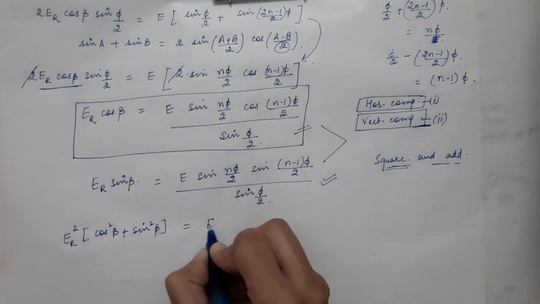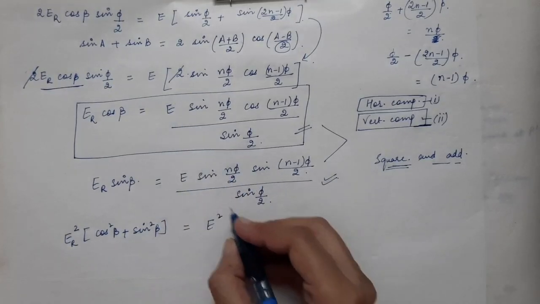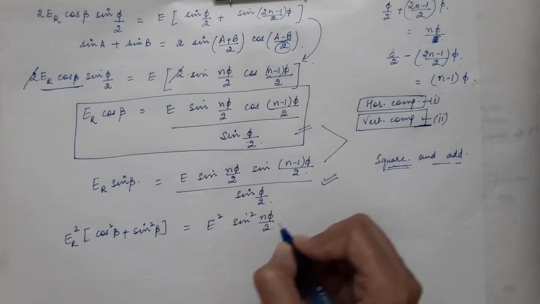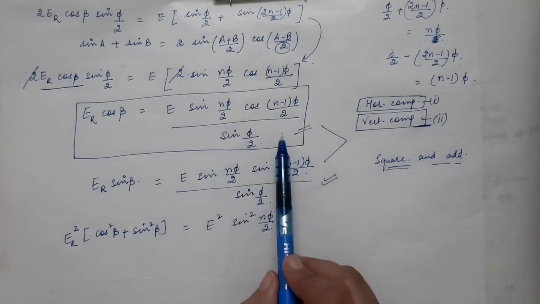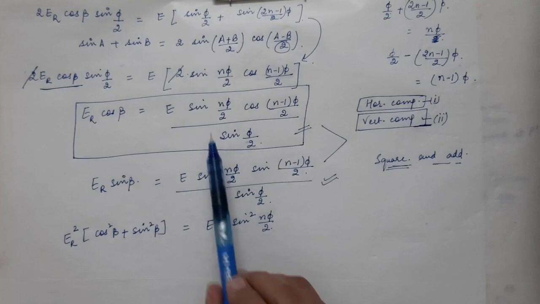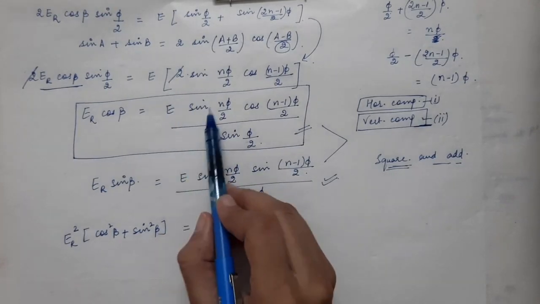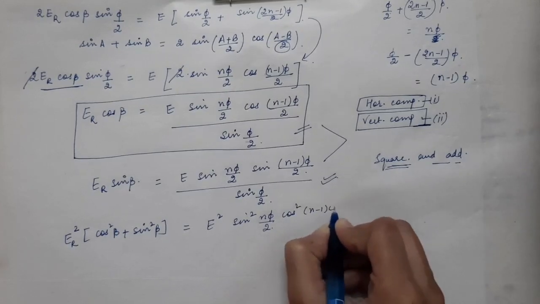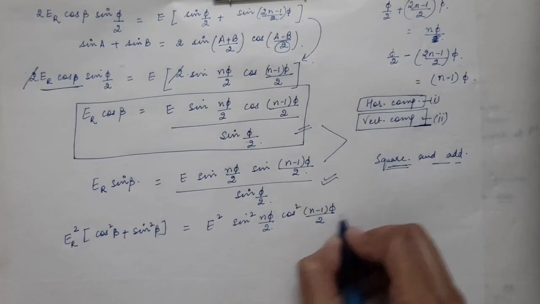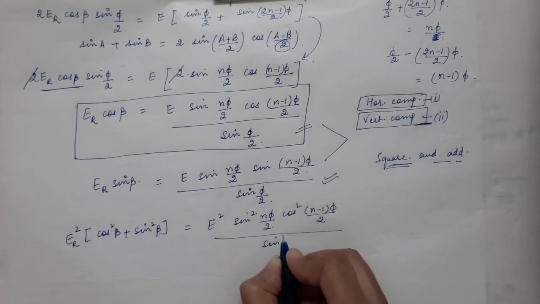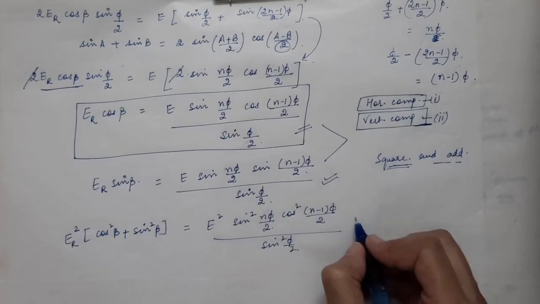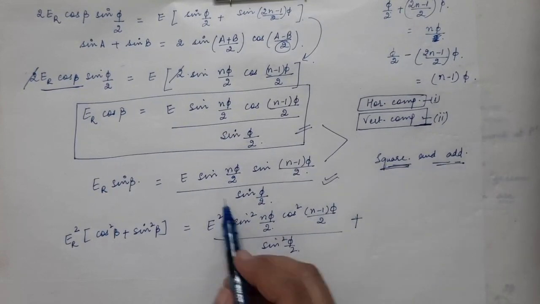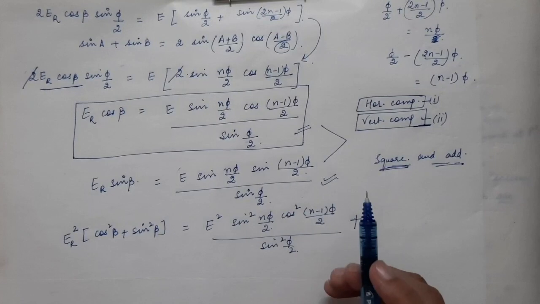On the right hand side you will get E square sin square n phi divided by 2. I am doing the square of the right hand side of the first equation. So you will get E square sin square n phi divided by 2 into cos square n minus 1 phi divided by 2, divided by sin square phi by 2, plus, because we are doing the square and then adding, the square of the second equation.